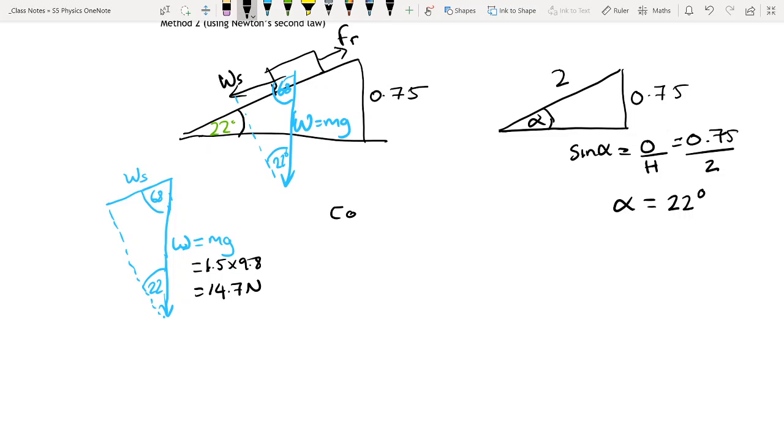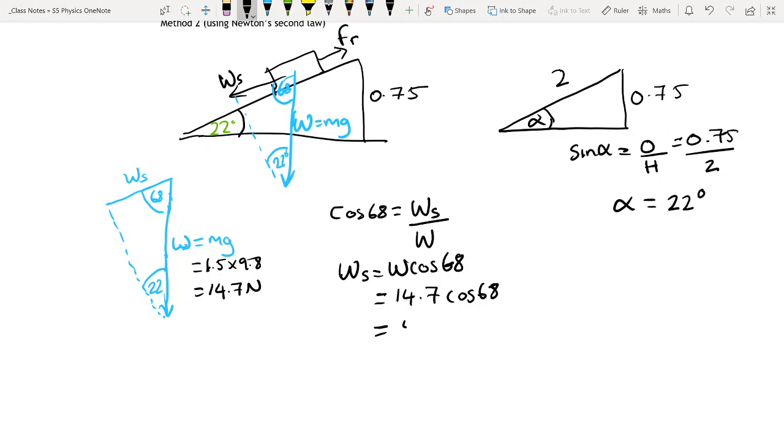So cos of 68 would be the adjacent over hypotenuse, so WS over W. So WS would be W cos 68. So 14.7 cos 68. And if you work that out, it comes to 5.5 newtons.